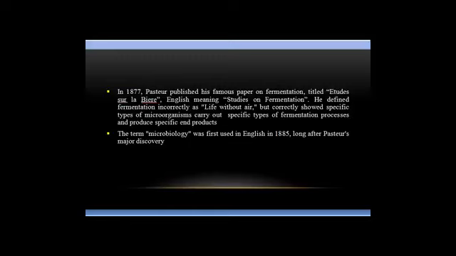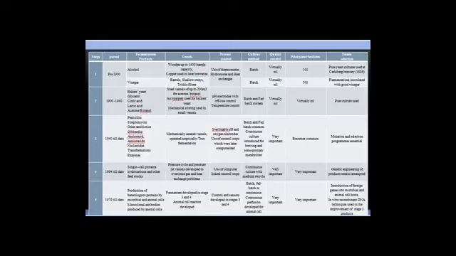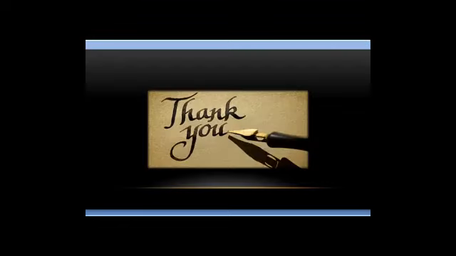The term microbiology was first used in English in 1885, long after Pasteur's major discoveries. This slide shows the time frame for the different types of fermentation products produced. Thank you.